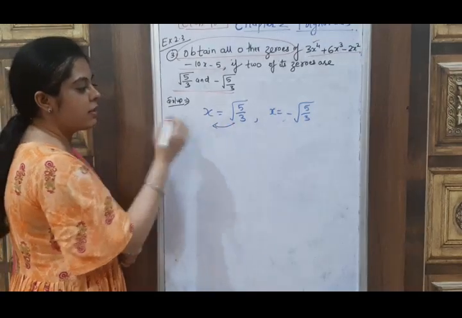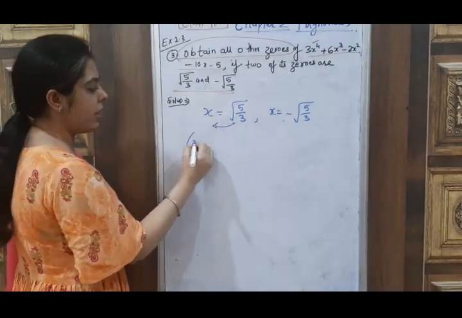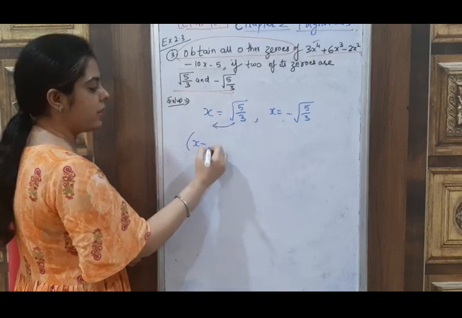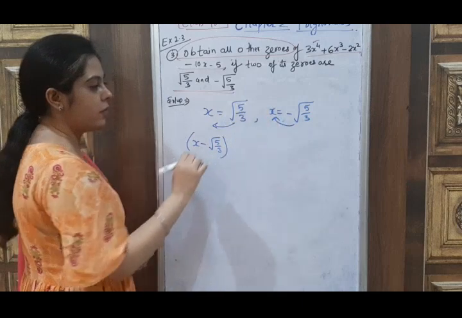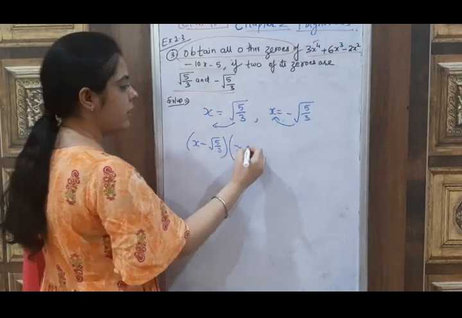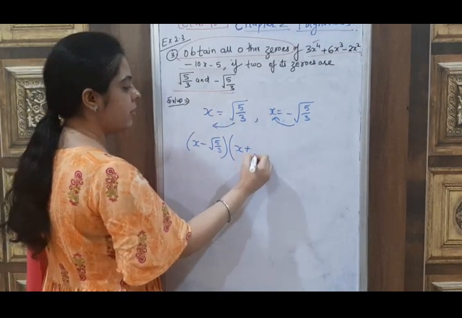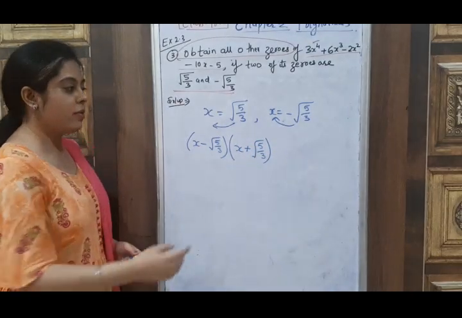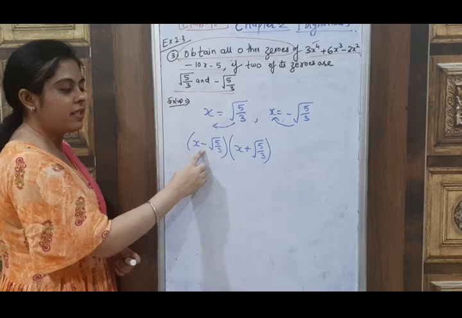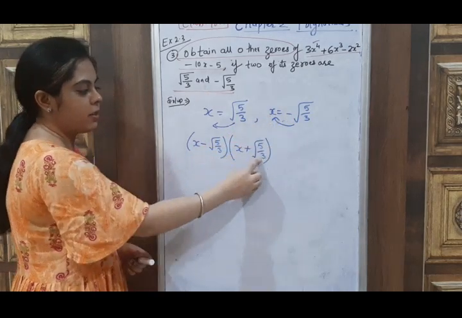Now transpose this here, so we get x minus root 5 upon 3, and again here also we transpose, then we get x plus root 5 upon 3. हमने इसको ट्रांसपोज किया तो ये प्लस से माइनस हो गया, यहाँ माइनस से प्लस हो गया.